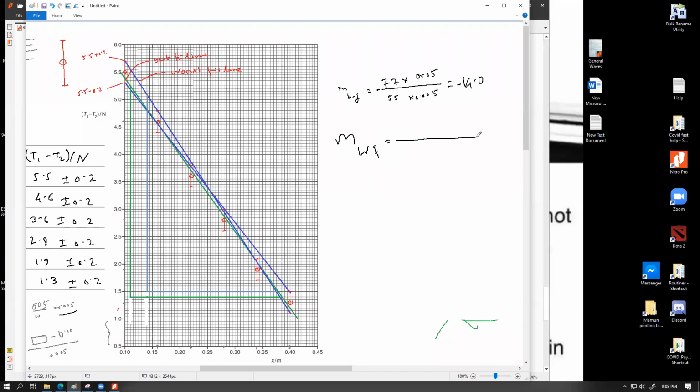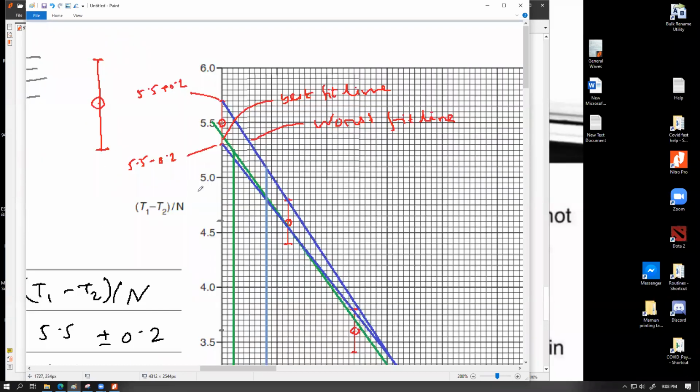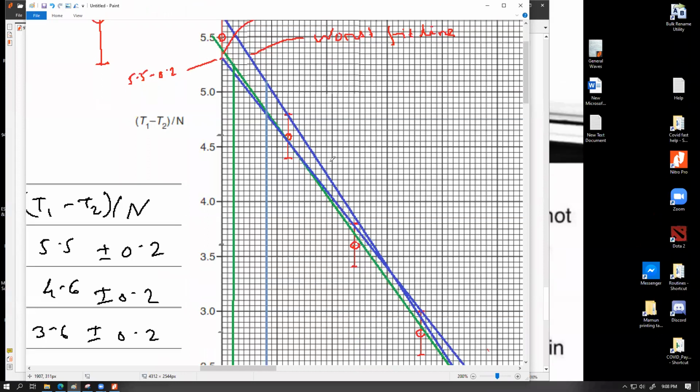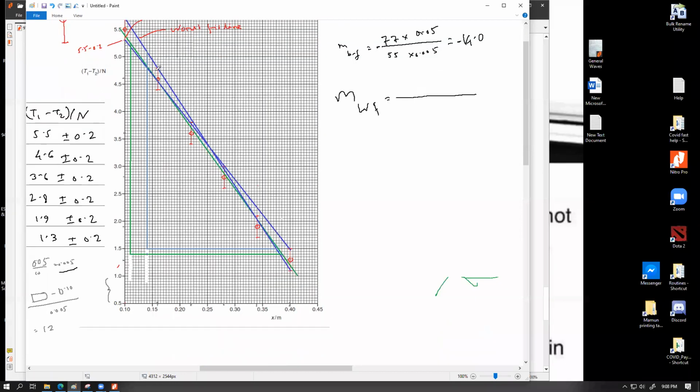Let's have a count. How many do we have for the worst fit line? Above this one we have 2, then 10, 20, 30, 40, 50, 60, 70, 72 on the y-axis. And on the horizontal axis, we have 2 on the left.